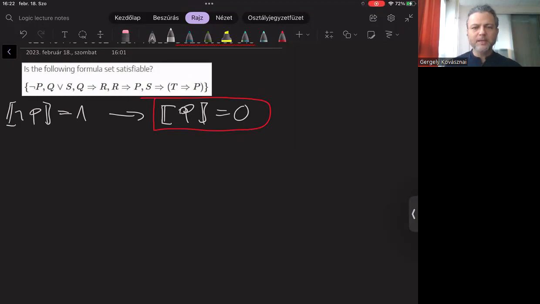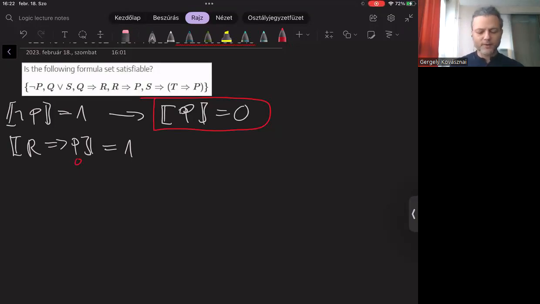Well, P appears in 2 other formulas. And let's take the shorter one. R implies P. Since we are proving satisfiability, again, this formula must be 1. Each of those formulas must be 1 at the same time. Okay. So we just proved that P must be false.